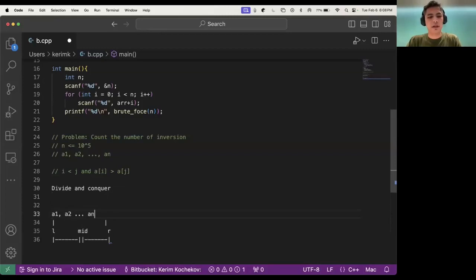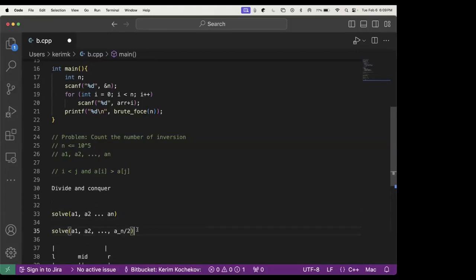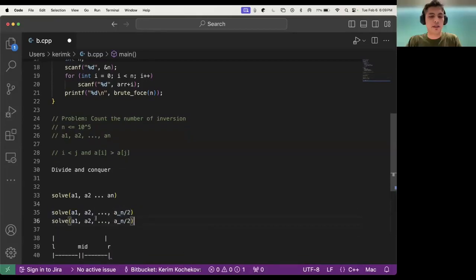At the beginning, if we have elements from A1 to An, we divide the array into two parts. Let's say we have a problem called with this array, and we just call the same function recursively until the middle of this array, A of n divided by 2. And afterwards, call the same function for the other half.